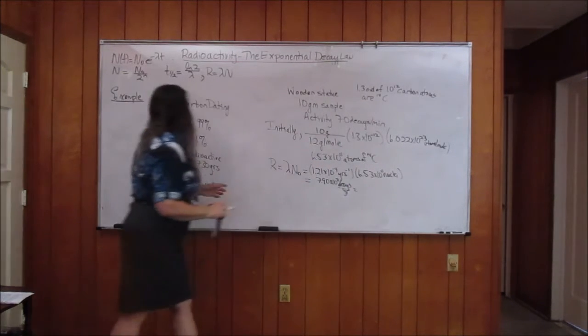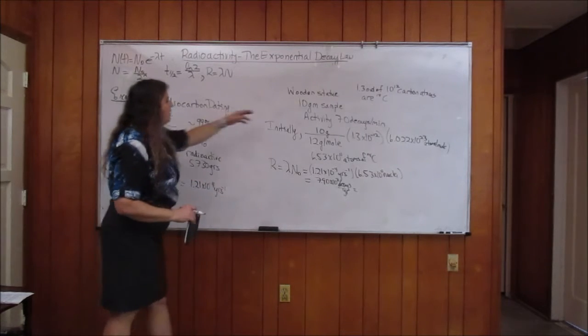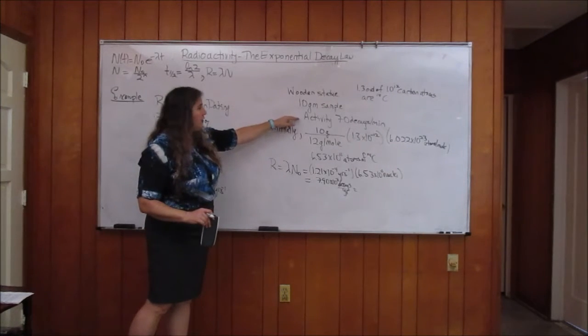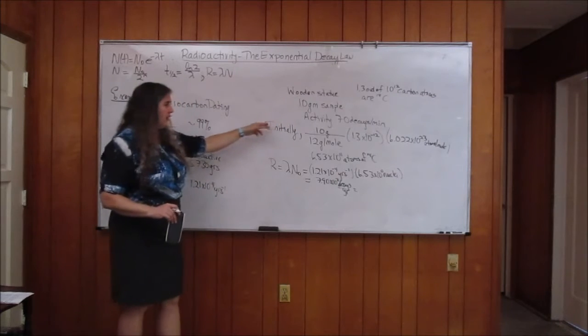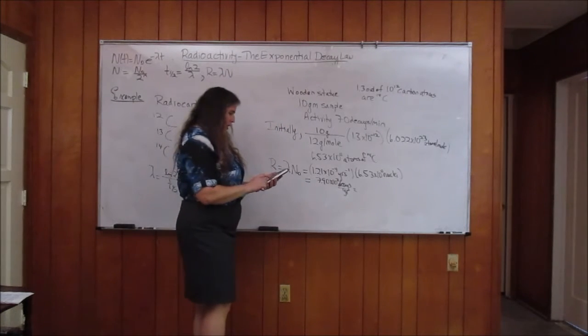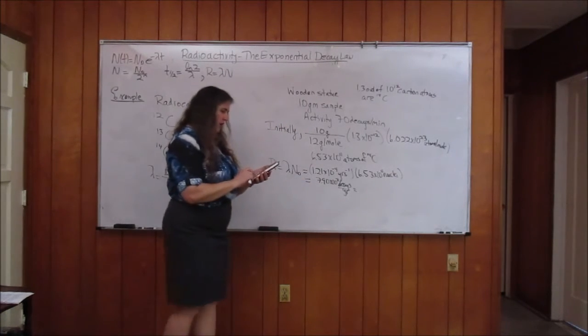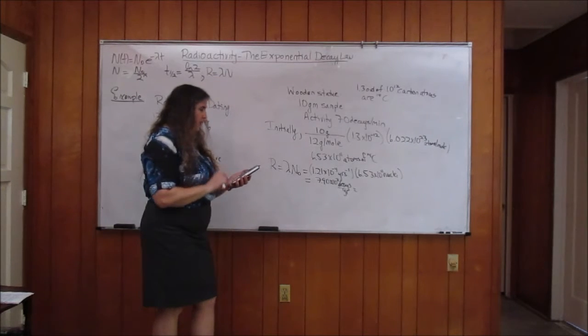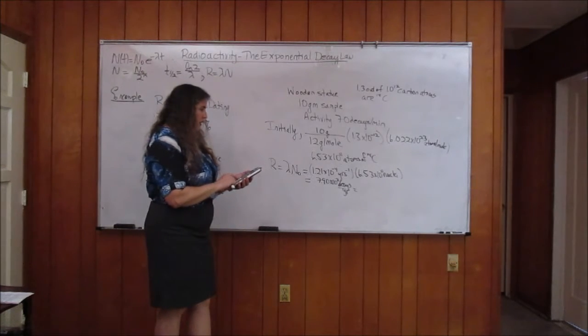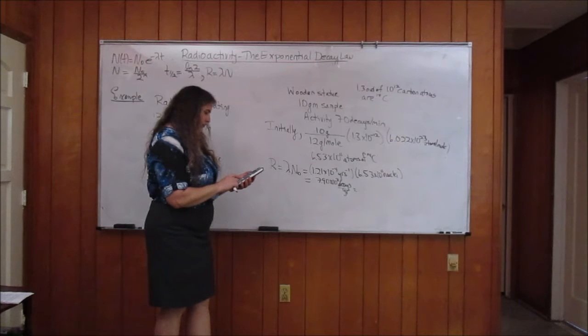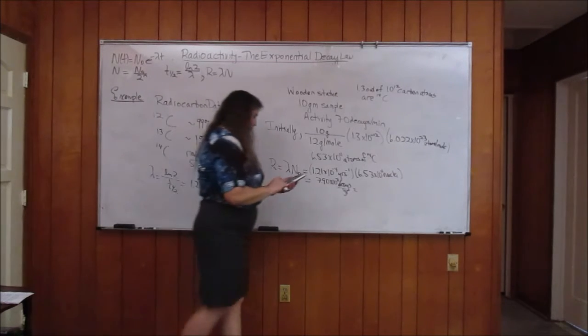But I've expressed the activity presently in terms of decays per minute. So I'm going to convert this over by dividing by the number of days, 365, the number of hours in a day, and the number of minutes in an hour.